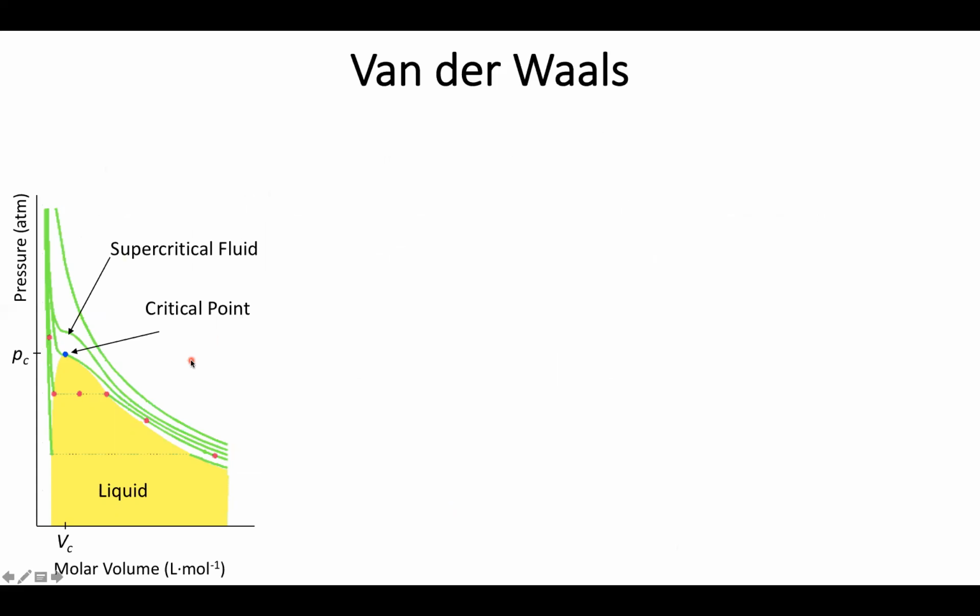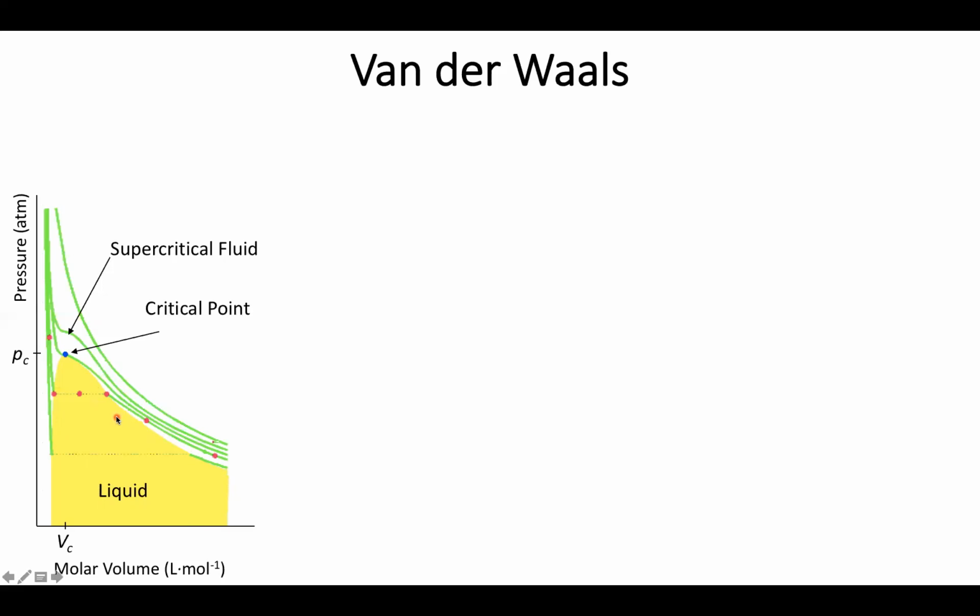However, as I start getting lower pressures and I'm approaching this liquid or supercritical phase, I start getting less ideal behavior. And it turns out that it's in this liquid coexistence region that our van der Waals equation really starts failing.